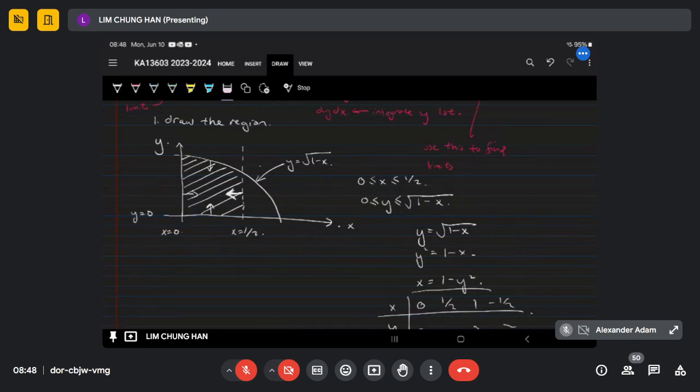Okay, so now we have the region. We will use this region to do two things: to decide the order of integration.